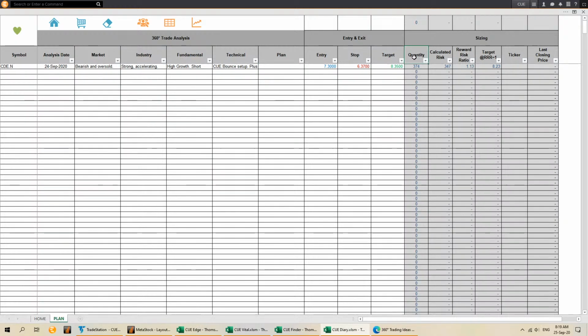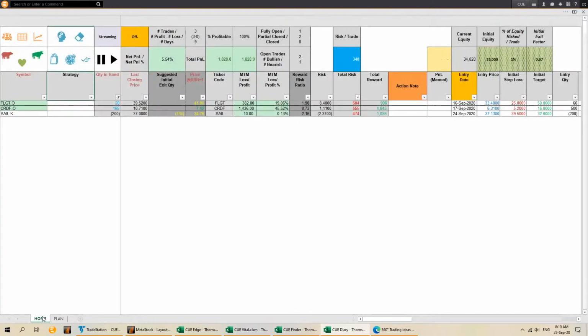Now, one question that may come to mind, that how is it calculating the number of shares that I am allowed to buy? That is coming from the home page. It is using the initial equity and the percentage of equity I am risking in each trade. These are input parameters. Here I am assuming the account has $33,000 initial balance.